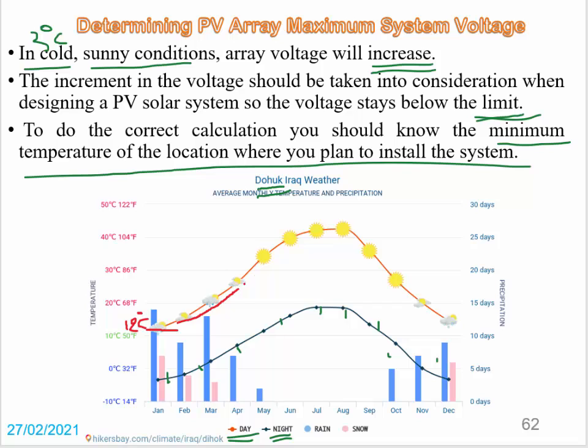Then the temperature starts to increase, reaches the maximum, and then decreases to about 13 Celsius. So the minimum temperature during the year, at the day, not at night, is about 12 Celsius. We have to take this value into consideration.